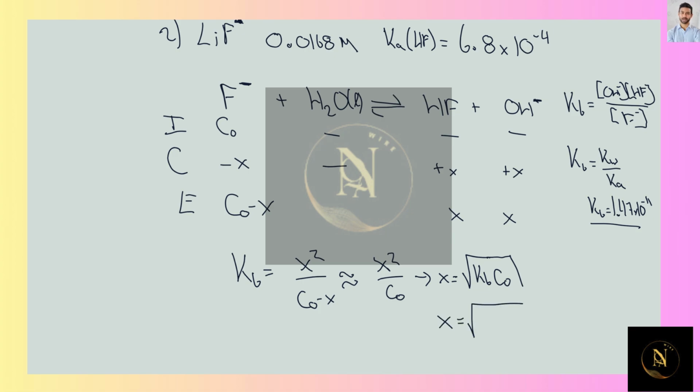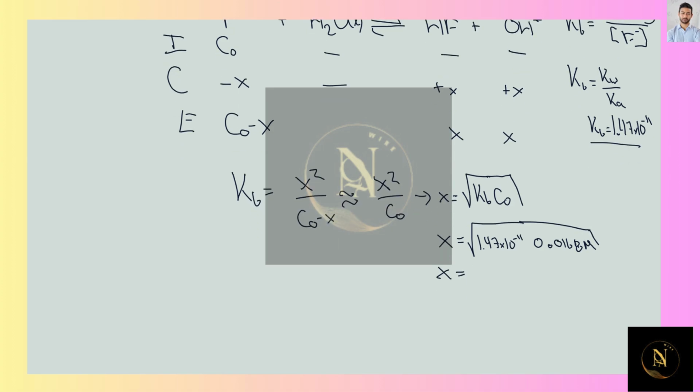Let's replace the values. Kb, 1.47 times 10 to the minus 11. Initial concentration is 0.0168. The value for x that we're going to get is 4.97 times 10 to the minus 7.